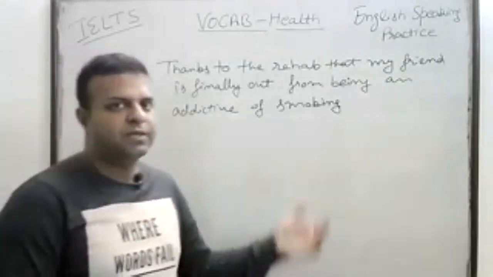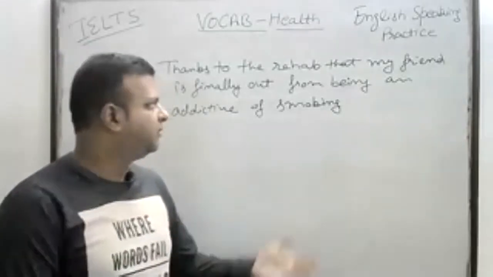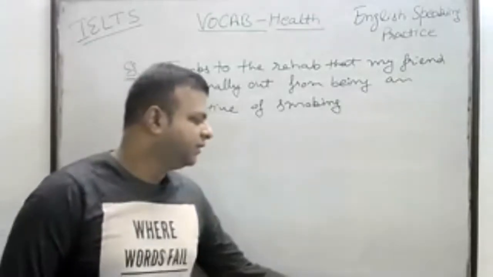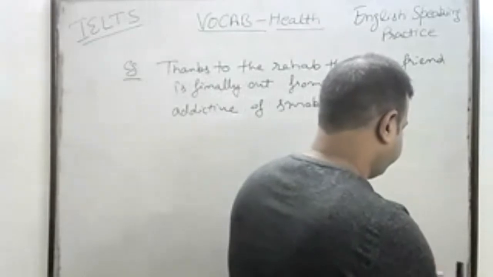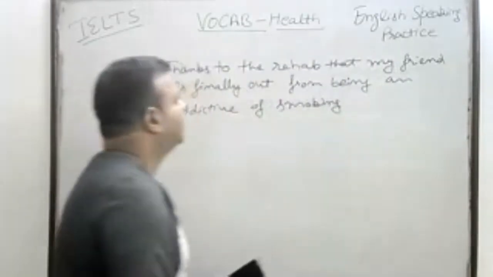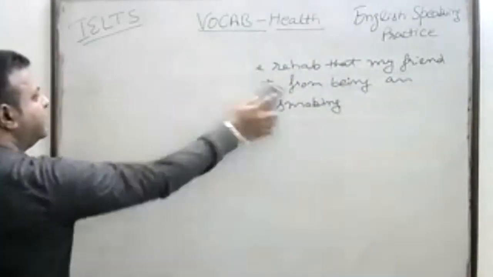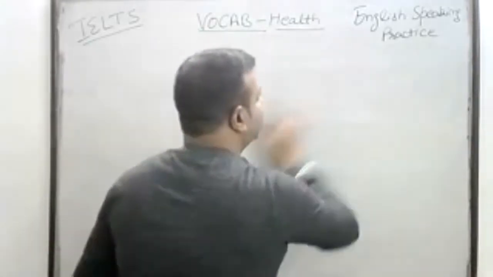So your friend basically was excessively smoking cigarettes. Now he's out of it, so he's not smoking anymore. Okay, I hope this one's clear. So that was addict or addictive.